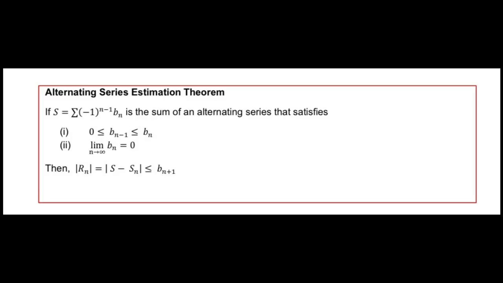Then the remainder or error, written as the absolute value of R sub n equal to S minus S sub n, is less than or equal to the next term, b sub n plus 1. In simple terms, this means the error we make by stopping at the nth term is no bigger than the next term in the sequence.